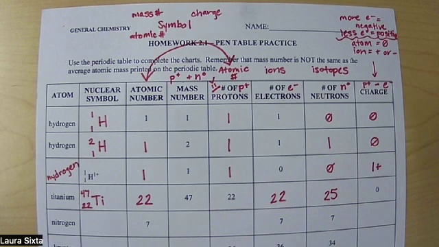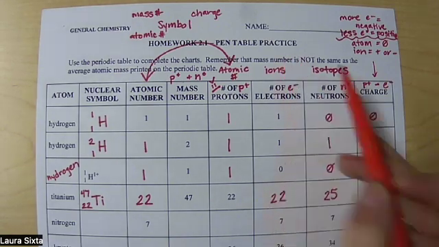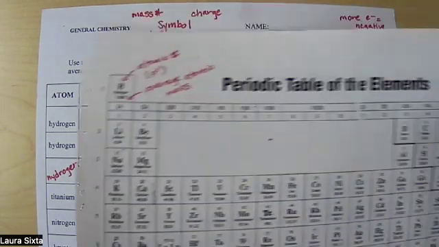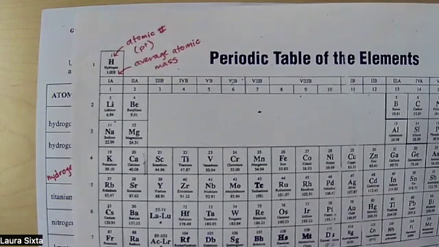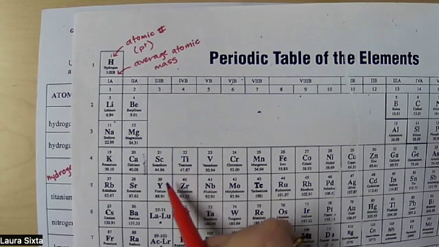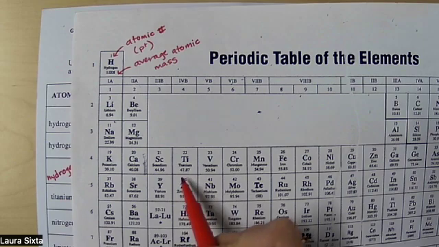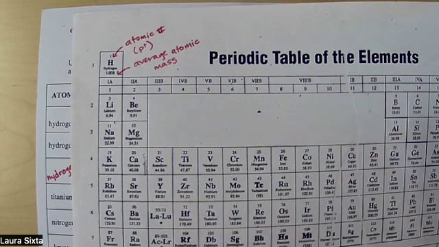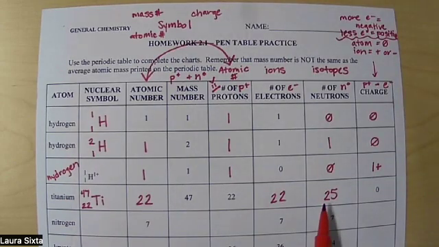And then we're done. Now be careful. The reason why I said, remember that the mass number is not the same as the average on the periodic table. No, it's hard to see, but titanium here on the periodic table is 47.87. Now, if we went with math rules, 5 or above, we give that a shove, that's going to be 48. Well, a mass of 48 is going to result in a different number of neutrons.